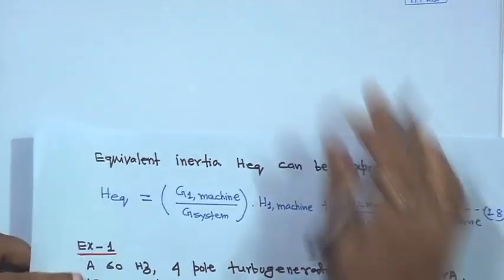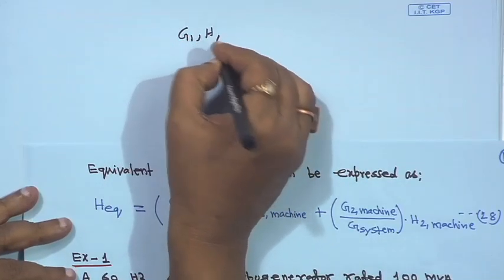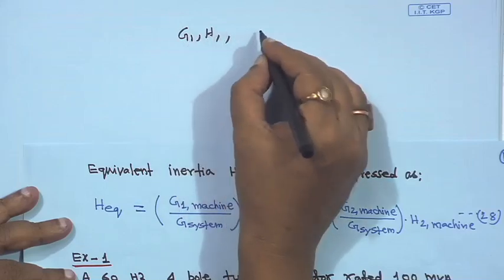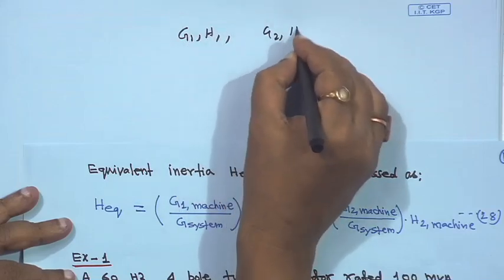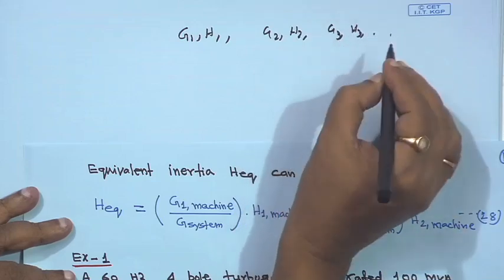Actually, in general if you have G1 H1, this is machine rating and inertia. For the second machine you have G2 H2 and for the third machine you have G3 H3 and so on.